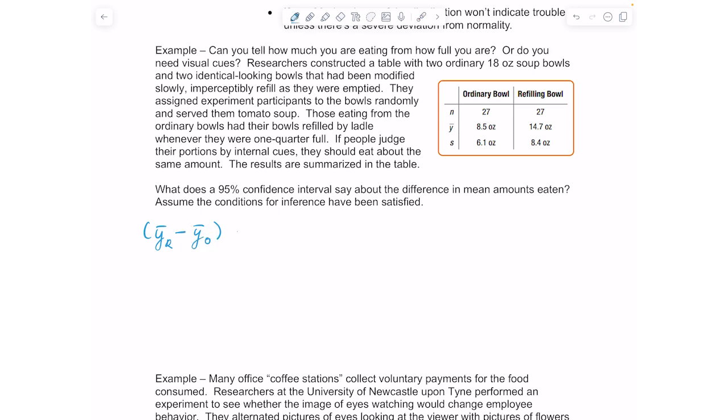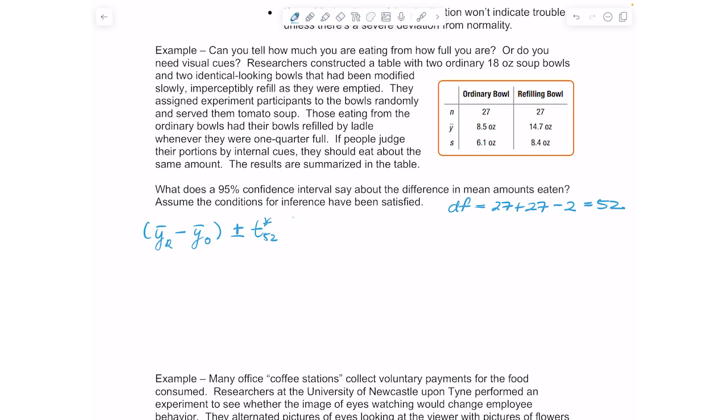So that's my point estimate, and then it's plus or minus my margin of error, which is made up from my critical value. Okay, so in order to find that, I need the degrees of freedom, which remember is just going to be the sample size of each sample, and then we're going to subtract 2. So you get 52. So I'm going to be looking for t star with 52 degrees of freedom.